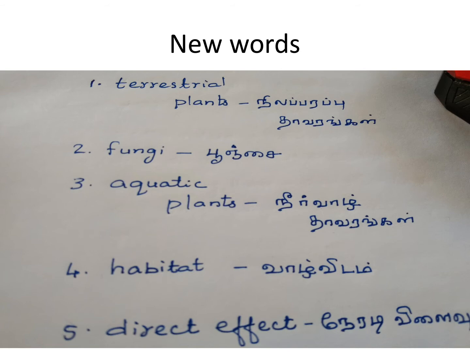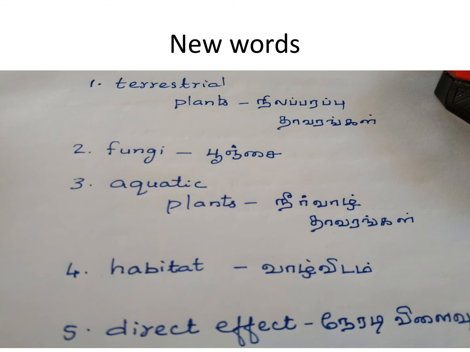Terrestrial plants. Fungi. Aquatic plants. Habitat. Direct effect. Okay. Then you write this fast. Did you write, children? Write fast.